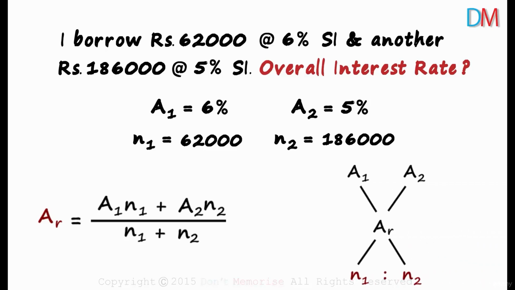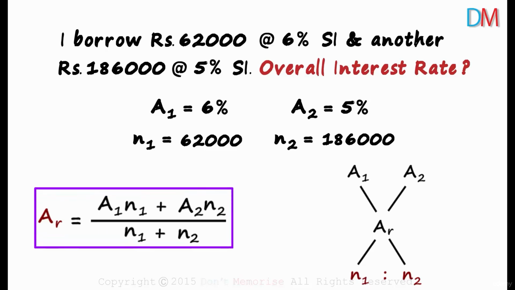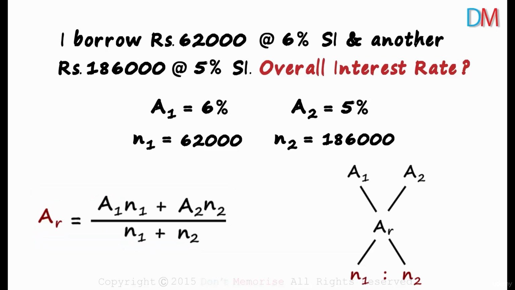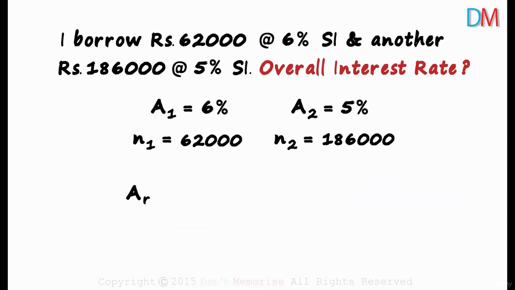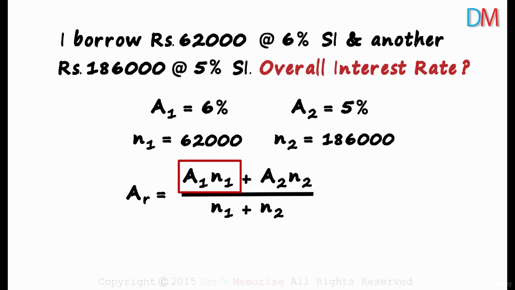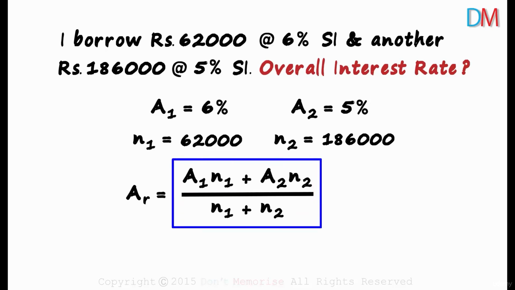Do you remember the thumb rule? If we need to find AR, we use the weighted average formula. And if we want to find the ratio N1 to N2, we use alligation. As we need to find AR here, we use the weighted average formula: A1 N1 plus A2 N2 over N1 plus N2. Pause the video and find the overall interest rate here.